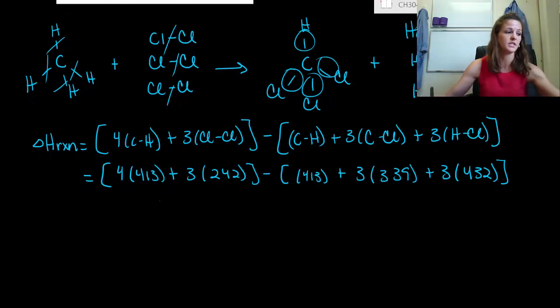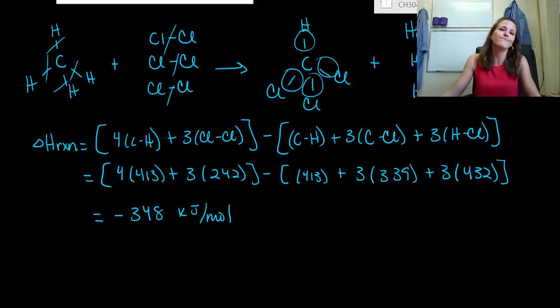Okay, so if we plug all this in together, we would hopefully end up with something of negative 348 kilojoules per mole. Would you expect for that to be exothermic? I personally would, because I know how that is. If you're breaking apart carbon-hydrogen bonds, it has to be exothermic. I don't know that you personally would have the skills to be able to identify that yet. So if you weren't able to automatically look at that and say, oh, definitely negative, don't worry about that, okay?